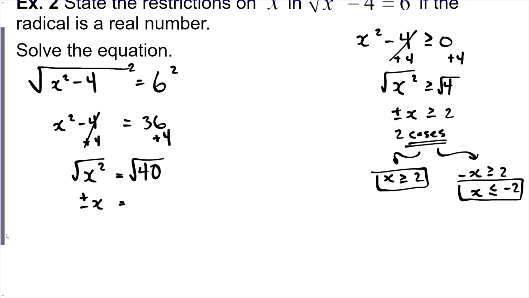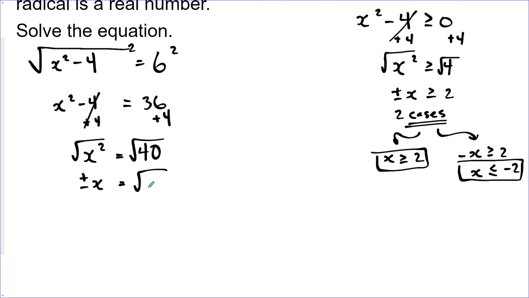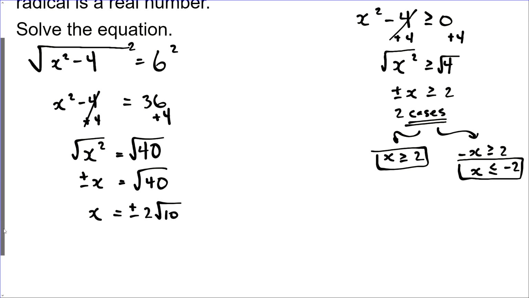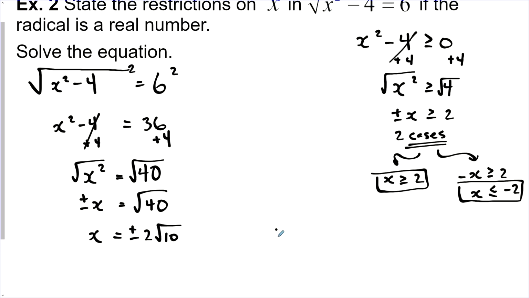Now we can simplify this somewhat. X equals plus or minus, 4 is in here, so the square root of 4 is 2. And if we divided out 4, we'd be left with 10. So we could write it like that as a mixed radical. And there's our solutions. But let's give those a try back in the original equation to see if they are good solutions or not.